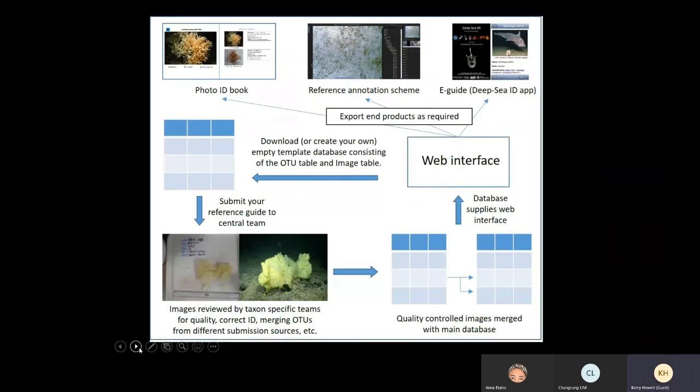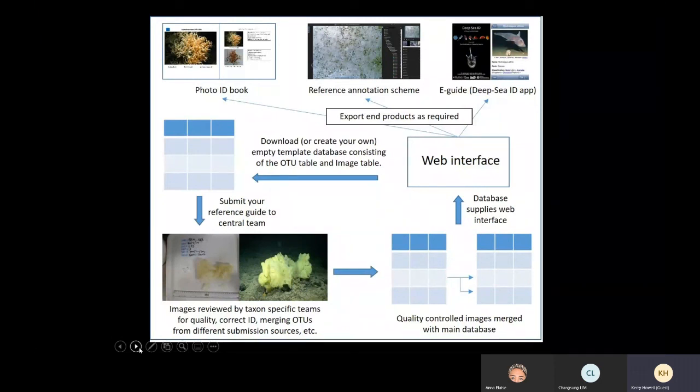And we also put together a schema of how we envisioned this database working. So the database would be visible through a web interface, and that web interface would allow end users to download things like a photo ID guide if they need a book-like reference. It would enable an import of a reference annotation scheme to image annotation software like Beagle, for example.